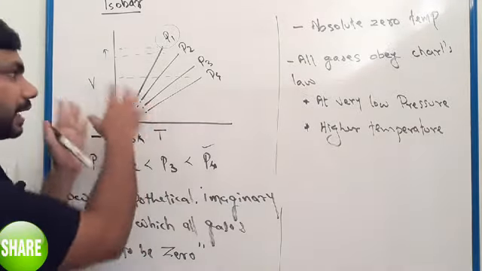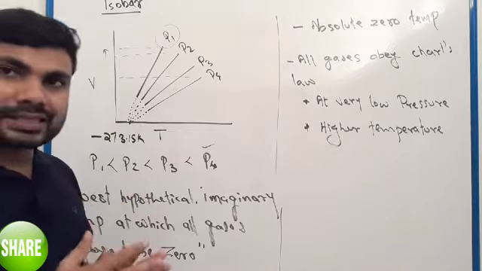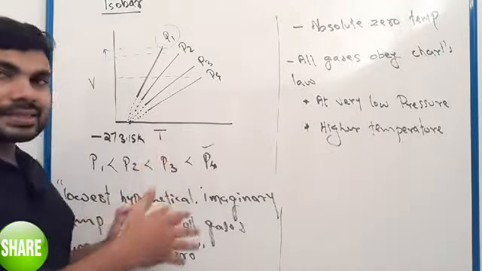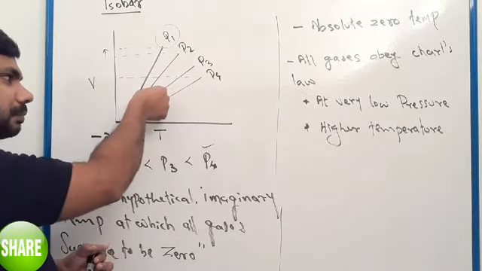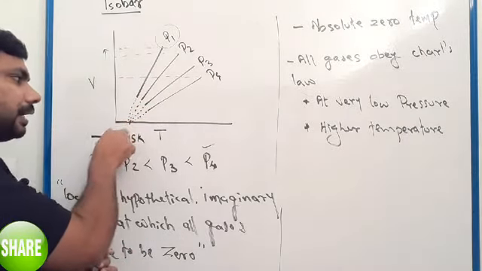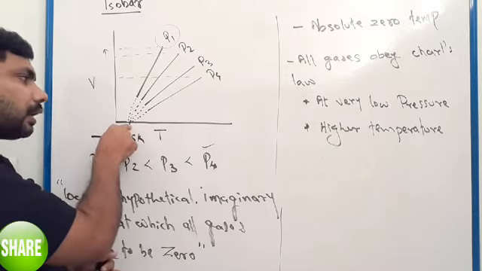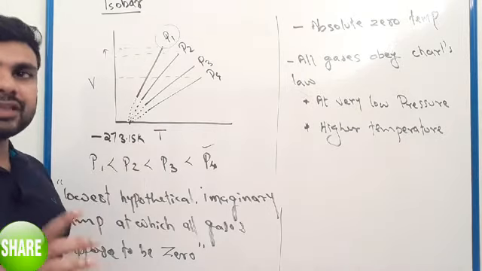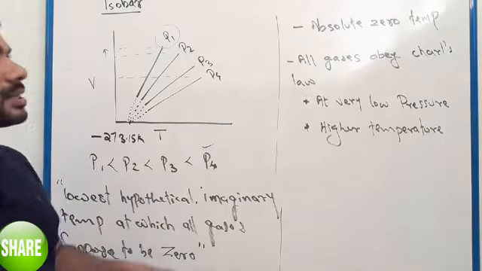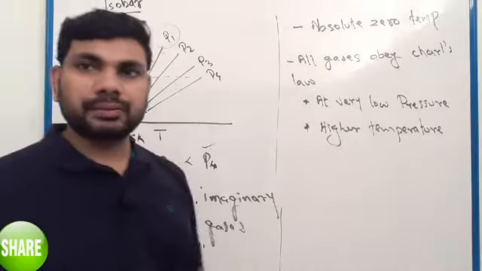Here is the graphical representation, volume against temperature. These are the different lines at different pressure. When you extrapolate these lines straight, they join at a common point. This is minus 273.15 temperature, and this temperature is called absolute zero temperature.